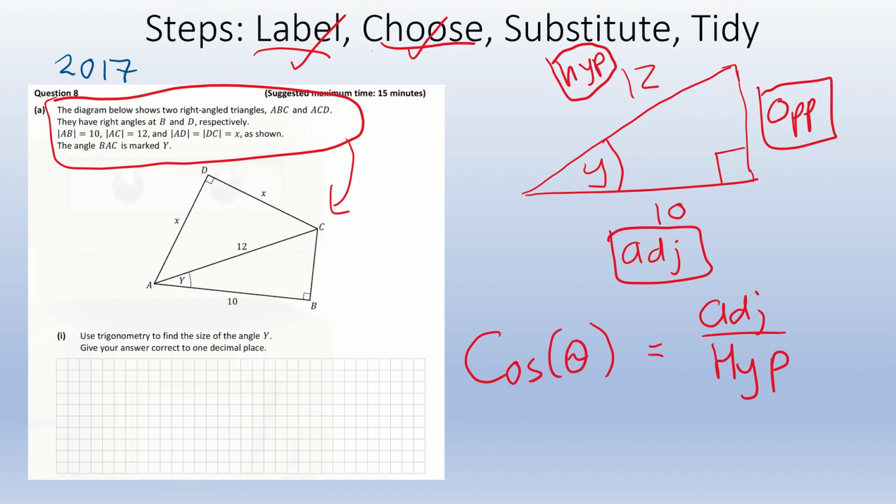I'm then going to substitute in what I know about my triangle. I'm going to say that the cos, and the angle I'm working with is what's labeled y, is equal to adjacent over hypotenuse. So 10 all over 12.